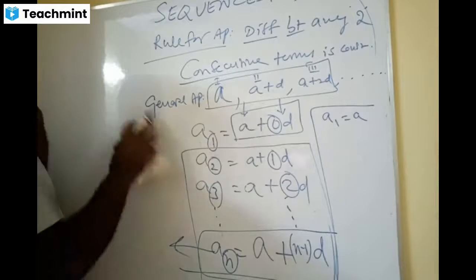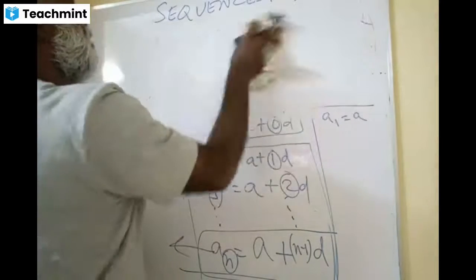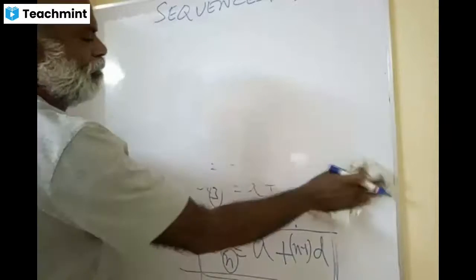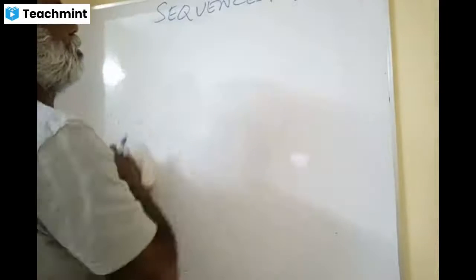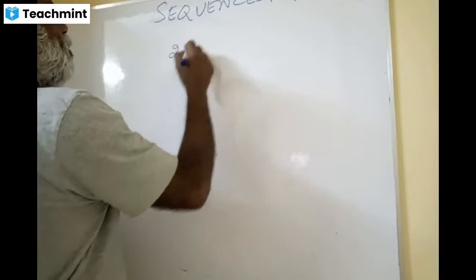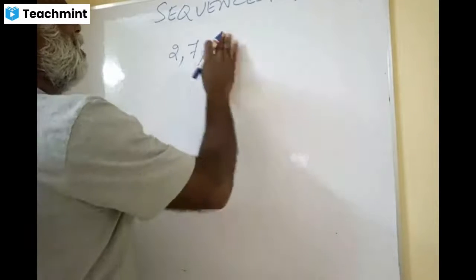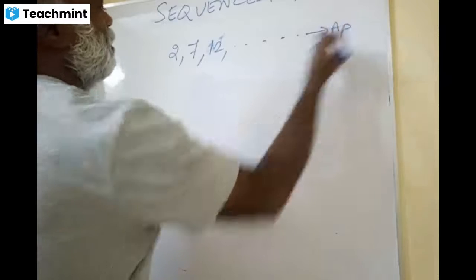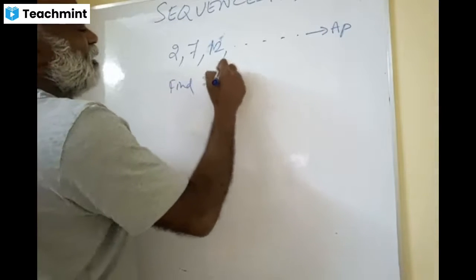Let us take one sequence and find its nth term. 2, 7, 12, etc. is an AP. Find the 20th term.